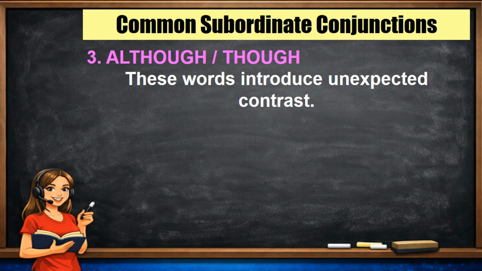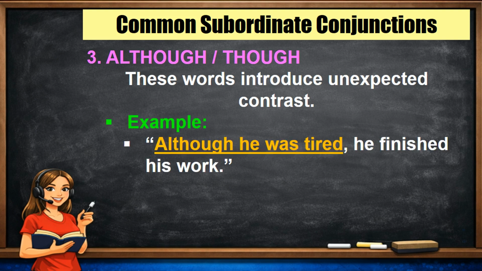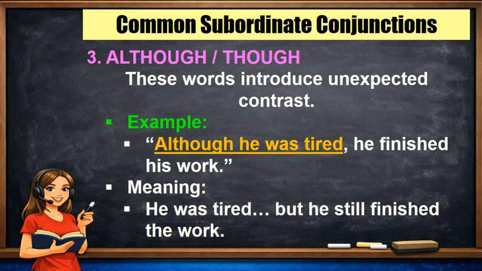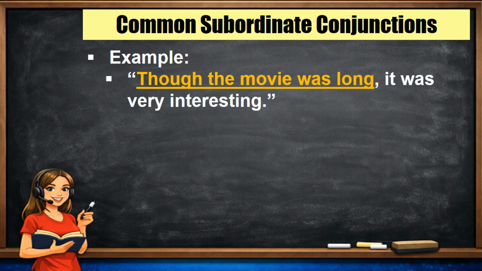Although or though. These words introduce unexpected contrast. Example, although he was tired, he finished his work. This means he was tired, but he still finished the work. Another example, though the movie was long, it was very interesting. Sometimes long movies are still great.